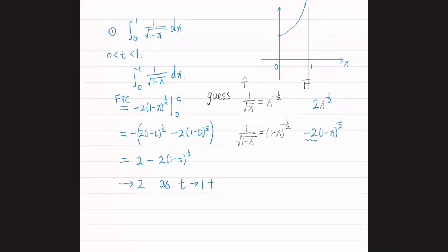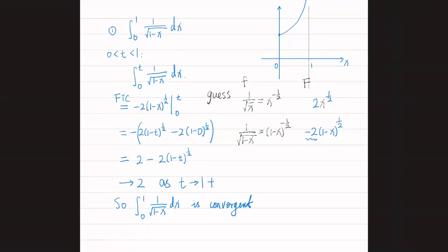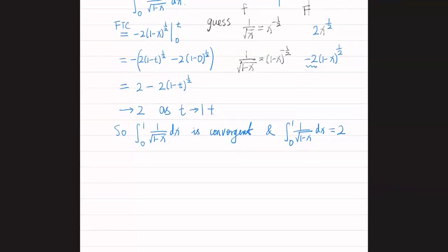This implies the integral is convergent. And we have found the value. Okay, so that's the first one.